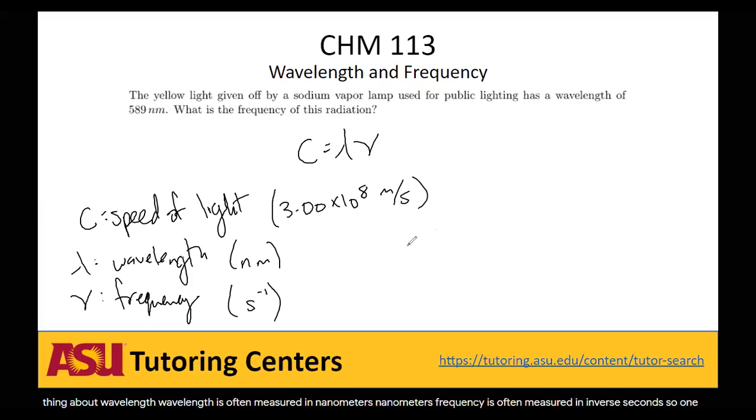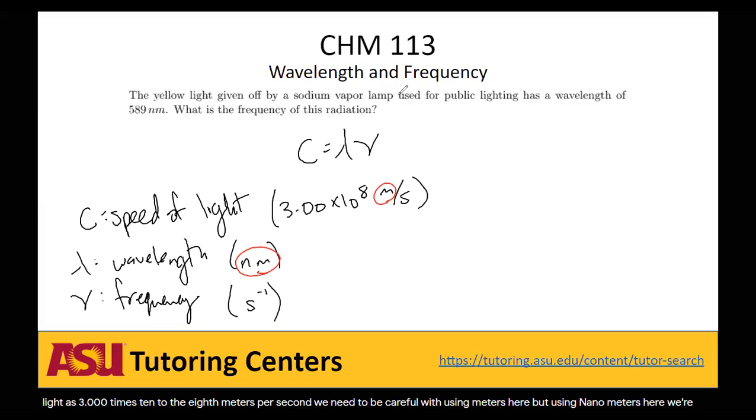We have to be a little careful, especially if we're using the speed of light as 3.00 times 10 to the 8th meters per second. We're using meters here but nanometers there, so we're going to have to do some unit conversions in this equation.